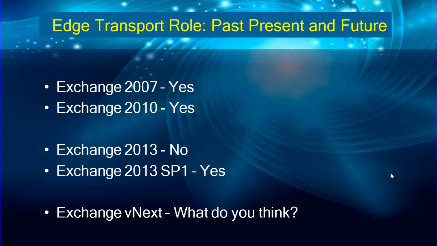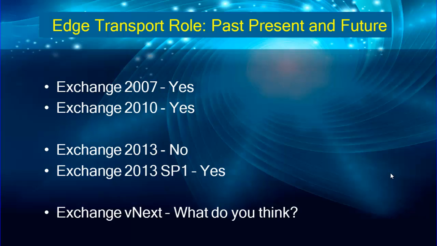So Edge Transport basically, there are different things you can do. There are different benefits. We'll check that. So they started with 2007. Then they continued with Exchange 2010. Then Microsoft disabled it in 2013.